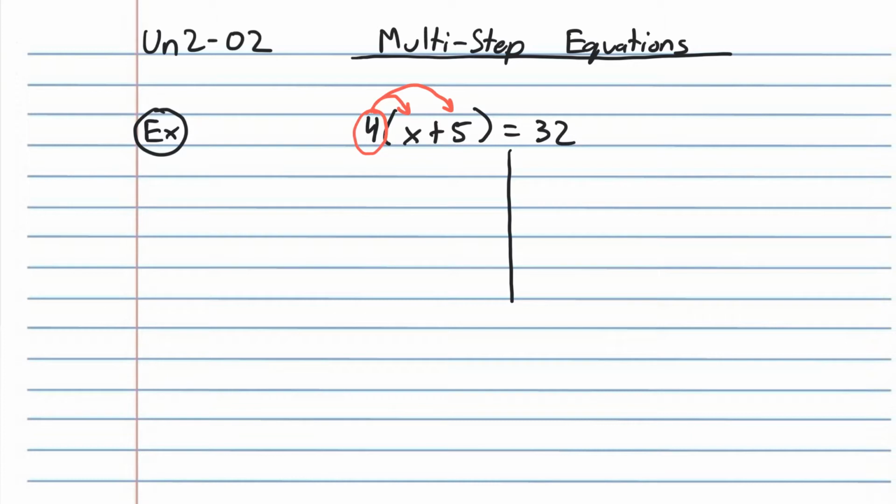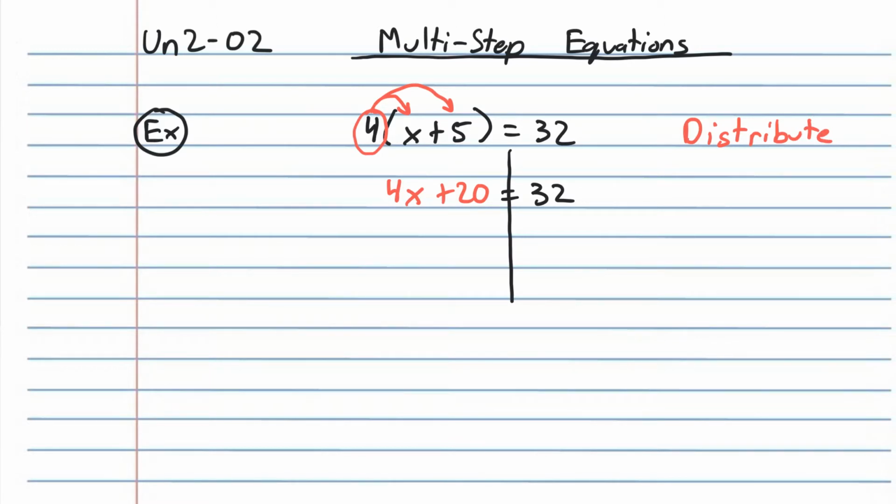So that gives us 4 times x, which is 4x, and 4 times 5, which is 20. The right side we have not changed yet, so it's still 32. Whenever you see that, the first thing you have to do is distribute before you can do anything else.